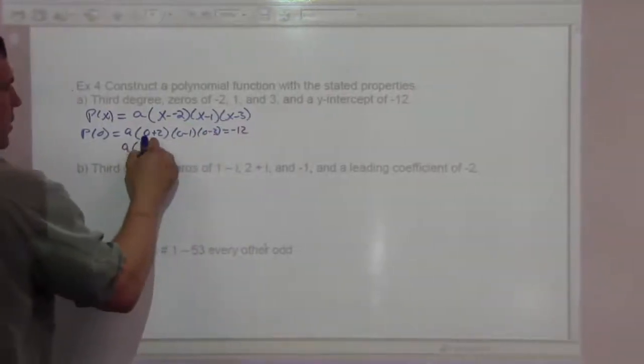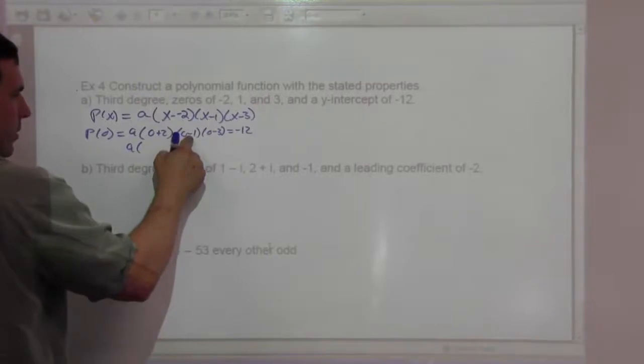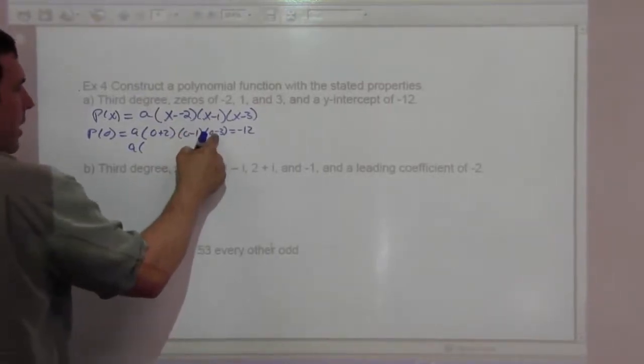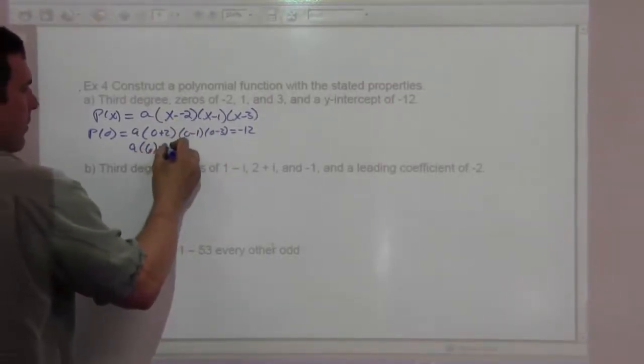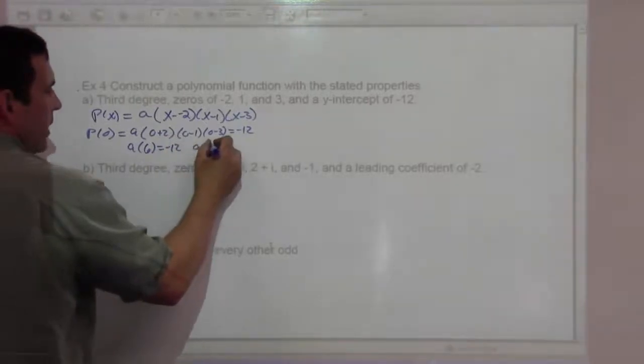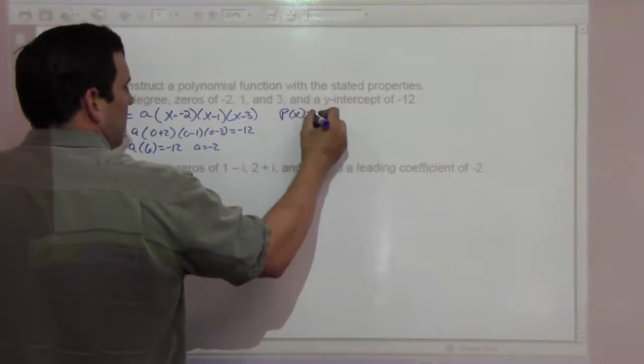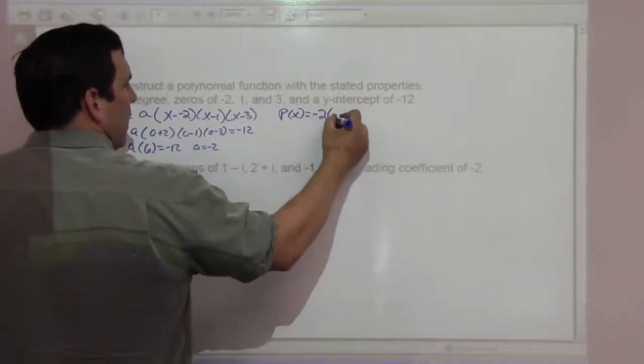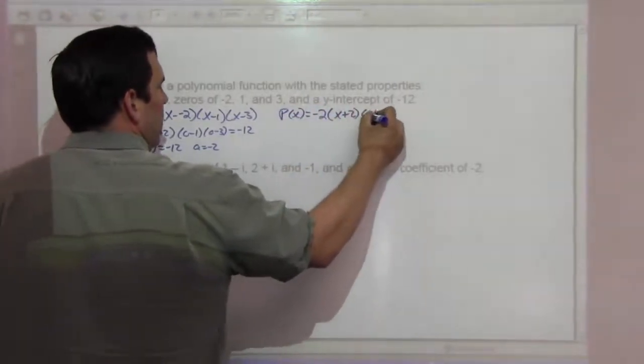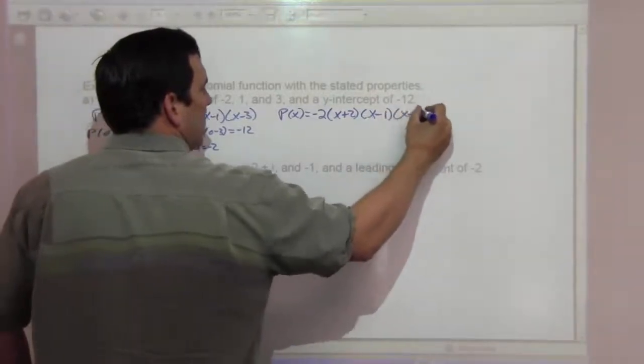So a times 2 times negative 1 is negative 2, times negative 3 is positive 6. So a times 6 is negative 12, so a equals negative 2. So p of x is negative 2 times x plus 2 times x minus 1 times x minus 3.